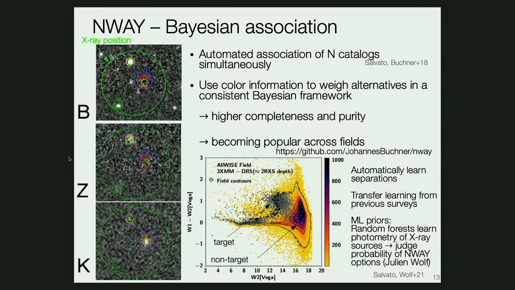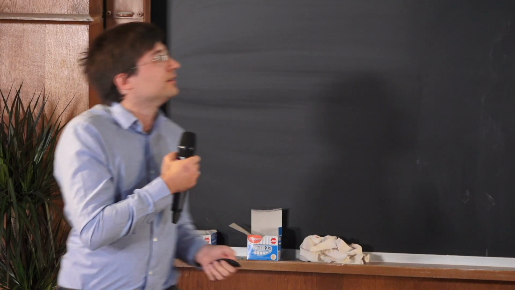And so this can be extended, of course. In the latest work, Julian Wolf has been working on making a random forest, not just taking a bunch of features, but actually using 6 magnitudes, which then amounts to training on the entire SED.